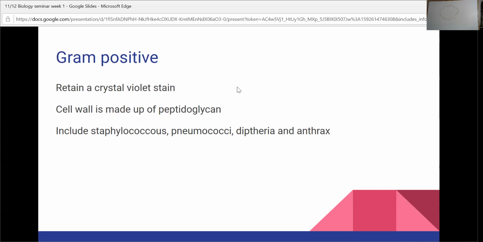So examples, Staphylococcus aureus, or golden staph. If you want to gross yourself out, have a look at what happens to the skin when you have a golden staph infection. You'll see why it's called golden staph.